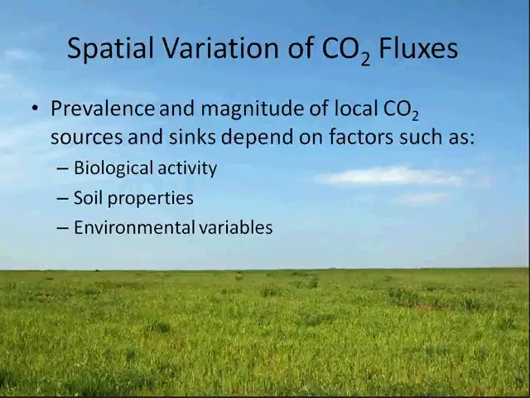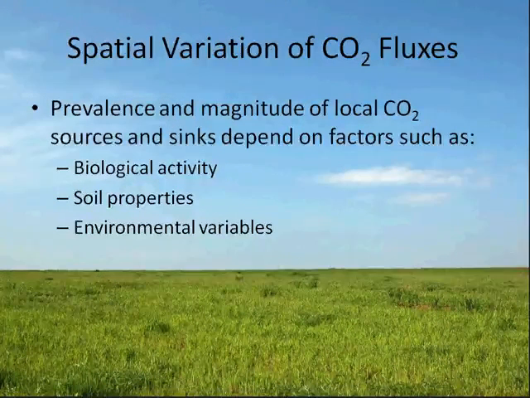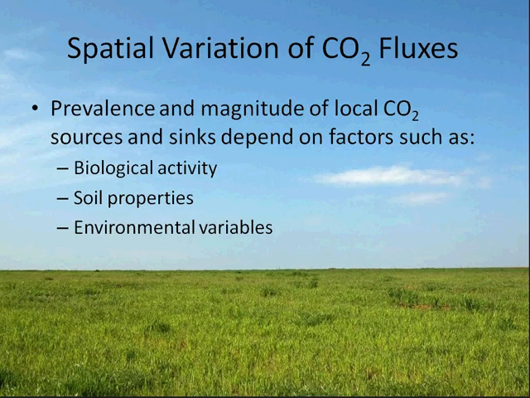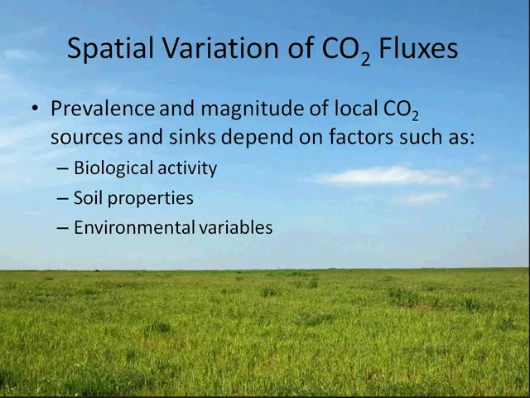So why would we want to incorporate GPS data into CO2 measurements? Well, the simple answer is that CO2 flux rates and ambient CO2 concentrations vary from place to place. Some areas act as sources, releasing CO2 from the ground, and other areas act as sinks, taking in carbon dioxide.